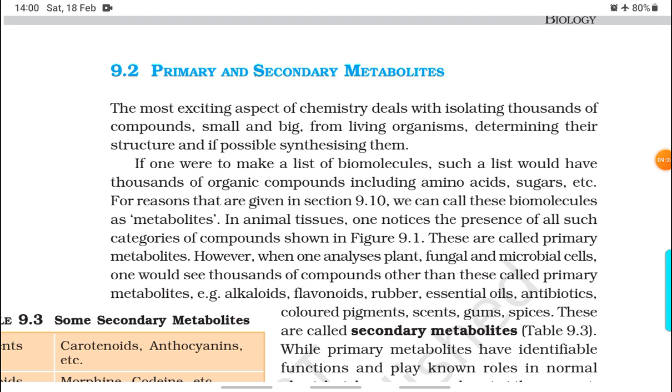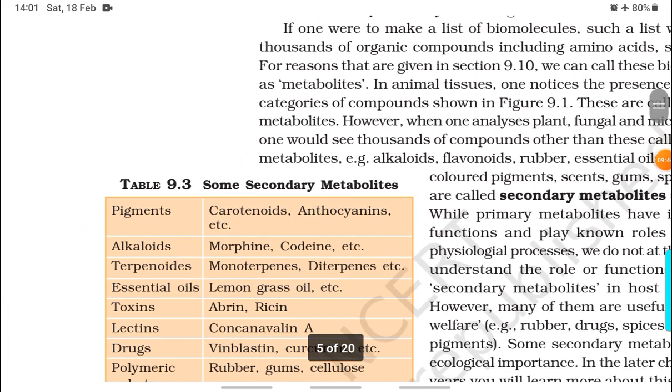However, when one analyzes plant, fungal, and microbial cells, one would see thousands of compounds other than these primary metabolites. For example, alkaloids, flavonoids, rubber, essential oils, antibiotics, colored pigments, scents, gum, spices. These are called secondary metabolites.